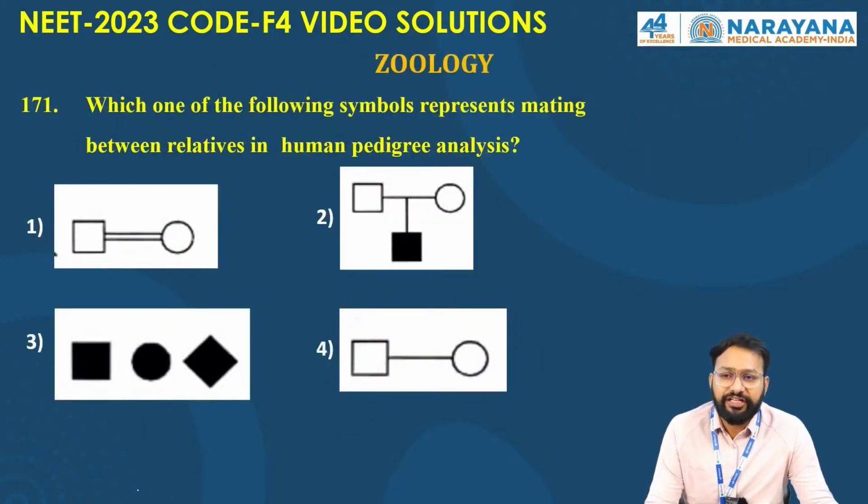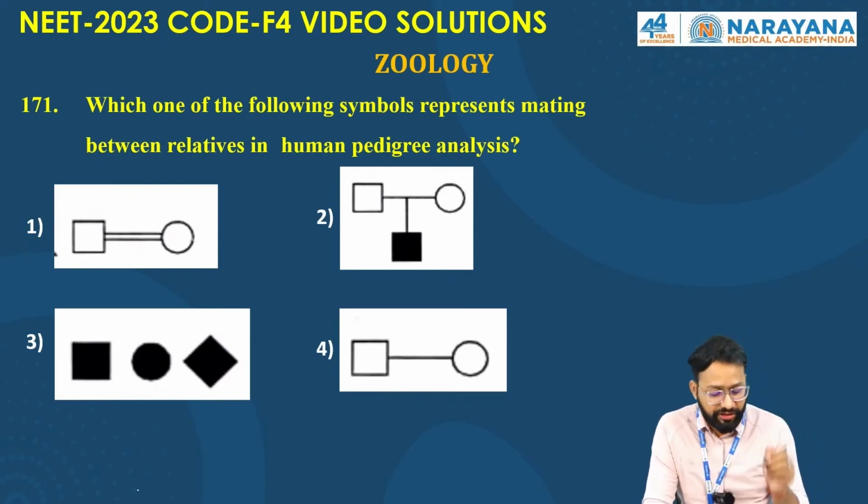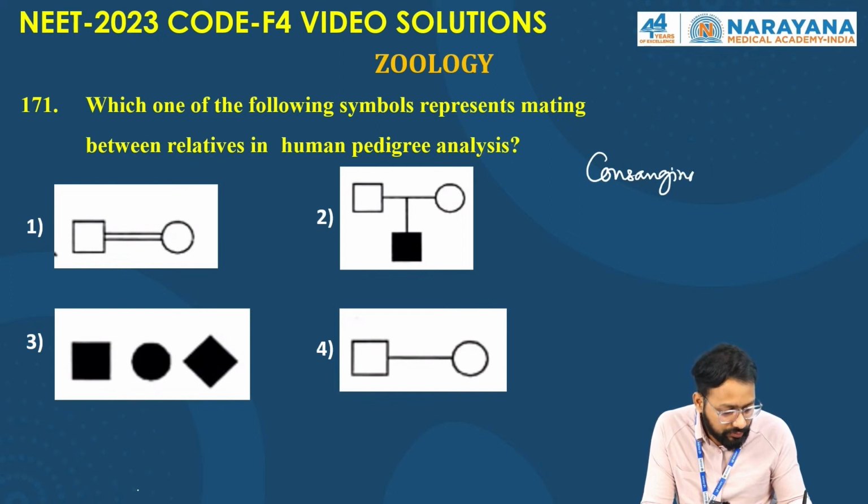Question number 171. It is related to the symbols of pedigree analysis. Which of the following symbols represents mating between relatives in human pedigree? So they are asking about consanguineous marriage or mating.